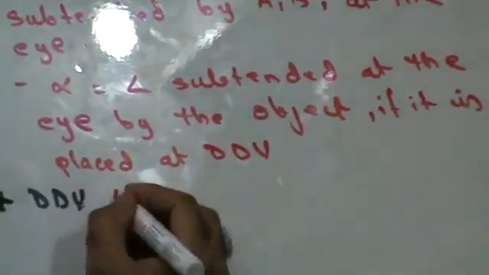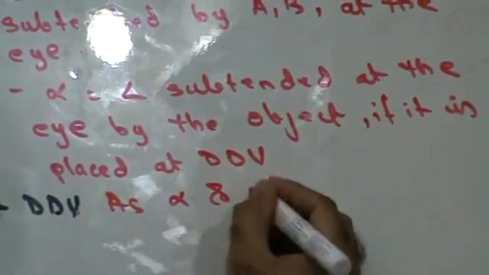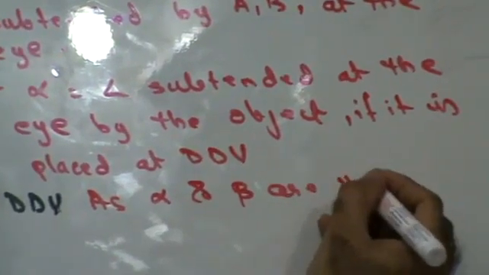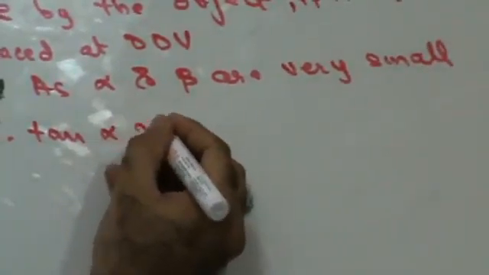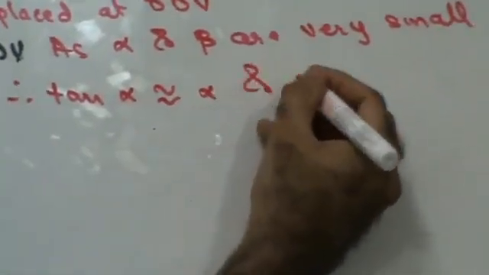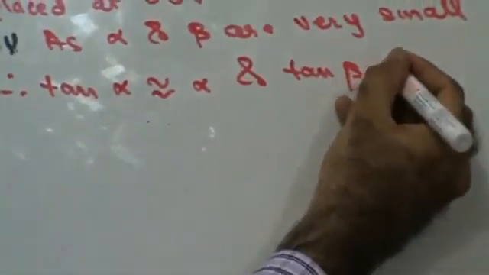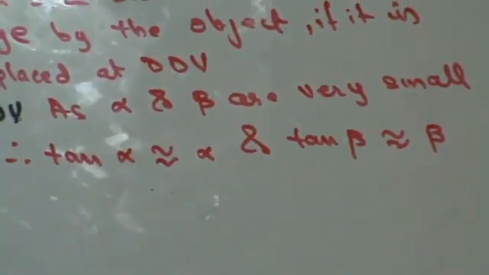Now as alpha and beta are very small, therefore I can say that tan alpha will approximately be equal to alpha and tan beta will approximately be equal to beta, right?